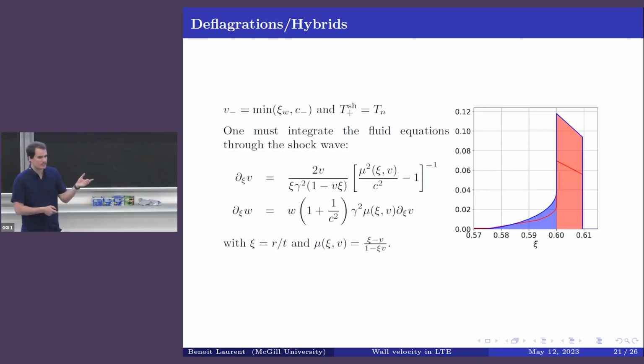So we need to relate them by integrating these differential equations, which are essentially the conservation of the energy-momentum tensor, but here for a spherical bubble. So we need to integrate this equation and relate the two boundary conditions, and then we can solve the whole system of equations. It's a bit more complicated to do, but at the end, it's not too hard.